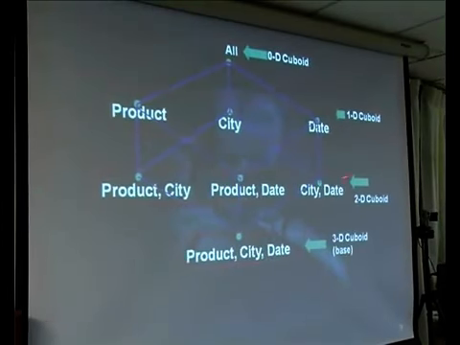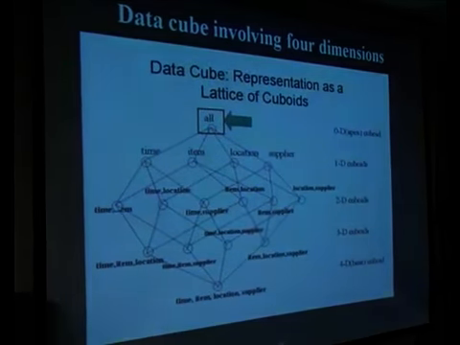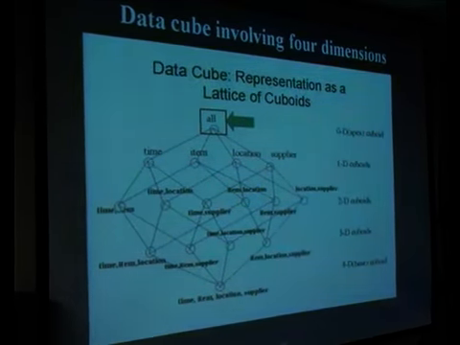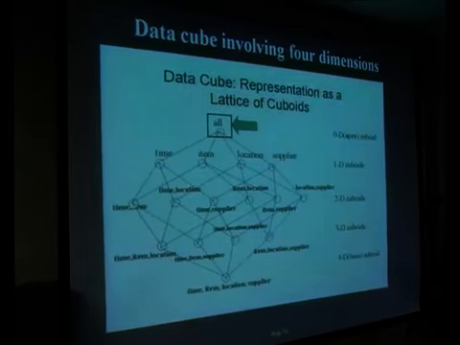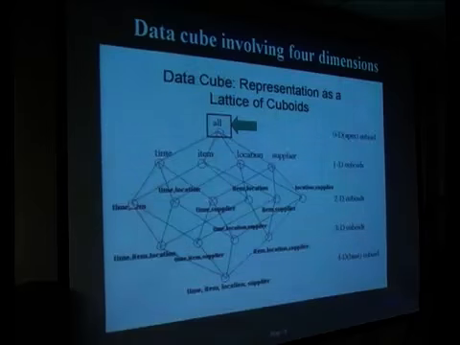Product-city, product-date, city-date are 2-dimensional cuboids. What is going to happen when we add one more dimension? As I mentioned just now, the visual representation for 4 dimensions is messy, right? How do we say that it is messy? If you see the diagram, then you can understand how messy it is.